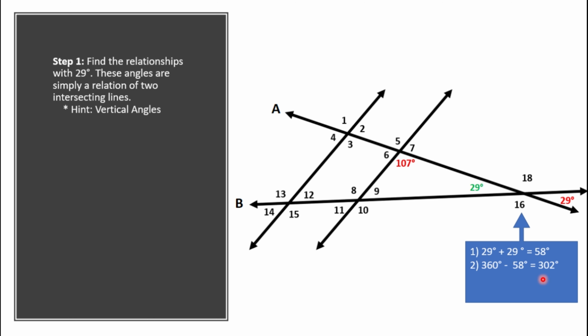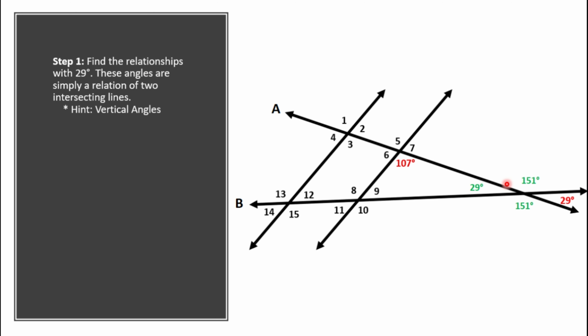So this 302 tells us that when these two angles are added together, it equals 302 degrees. To find how much each angle is worth, all we need to do is divide it by 2. So 302 divided by 2 is equal to 151 degrees. The reason why we divided by 2 is because this is a vertical angle pair, so they have exactly the same angle measure, so they're congruent angles. So we can divide by 2 to find how much each one is. So let's go ahead and replace each one of those angles with 151 degrees.